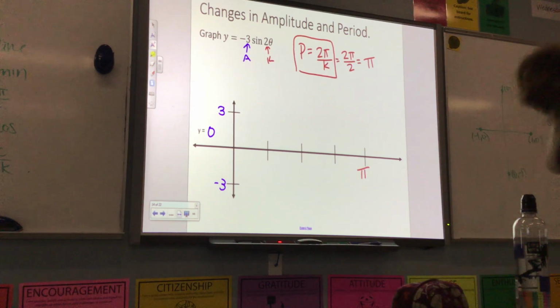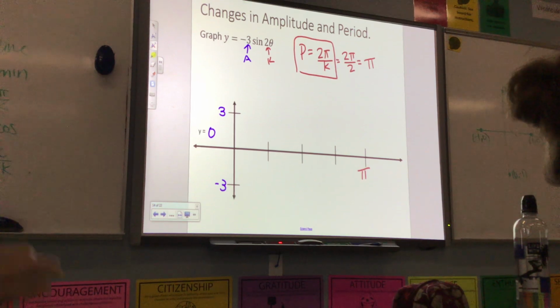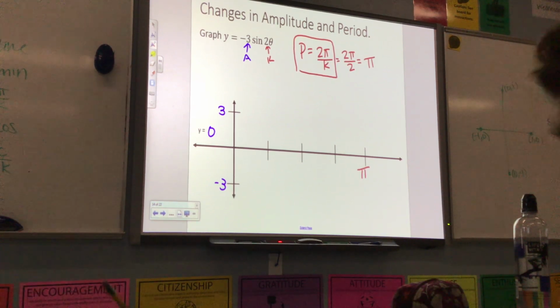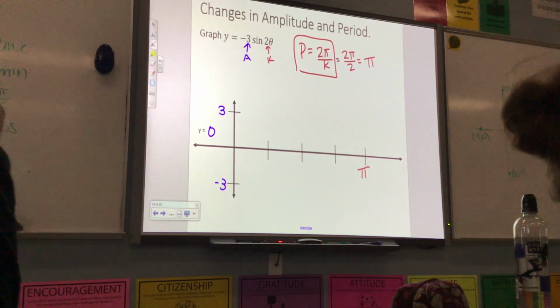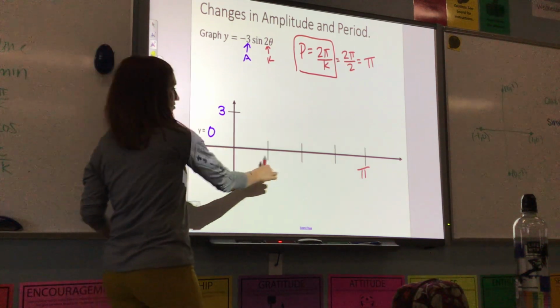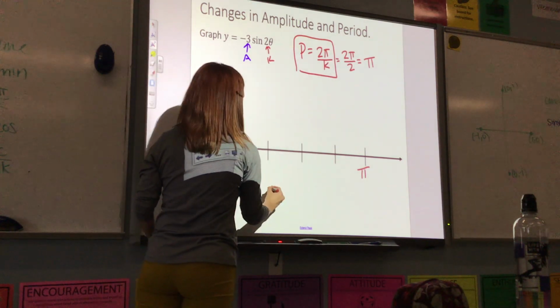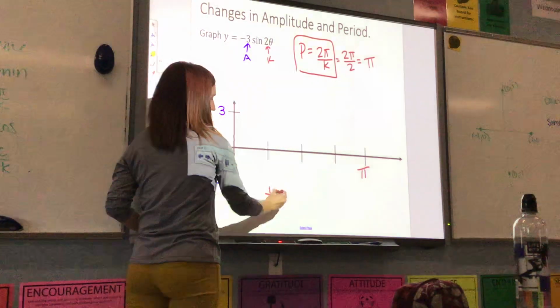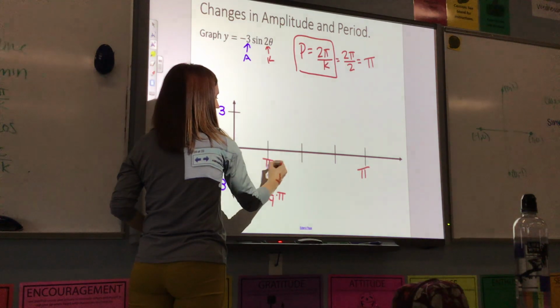Everything will shift in proportionally, so you have to know how to split that up. How did we split that up before? I know it's pi over 4, but I don't know how I'm supposed to do it. Because each tick mark represents what portion of this? A fourth. So this is 1/4 of the way. You're going to do a fourth times pi, so this is pi over 4.